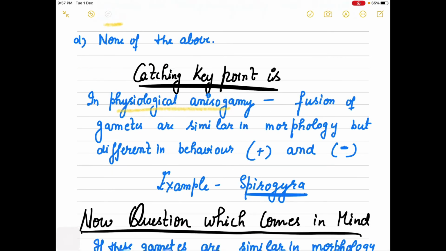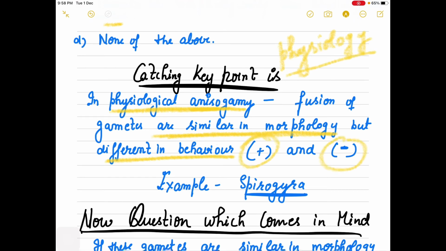The main key point here is you have to understand what physiological anisogamy is. It means gametes are similar in morphology, the fusion of gametes which are similar in morphology, but since it is aniso, they are different in behavior, meaning their physiological function is different.